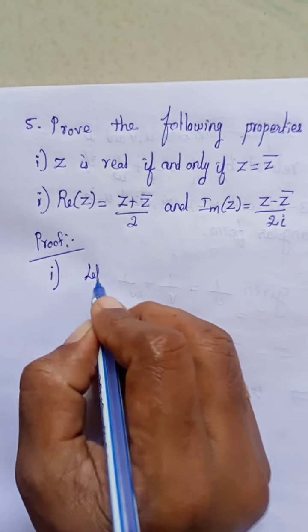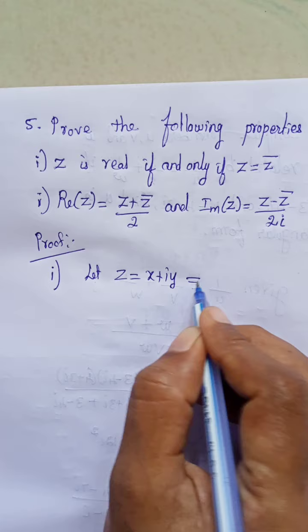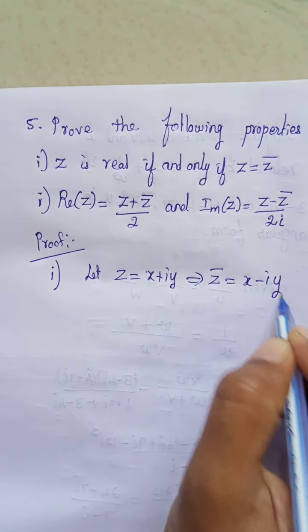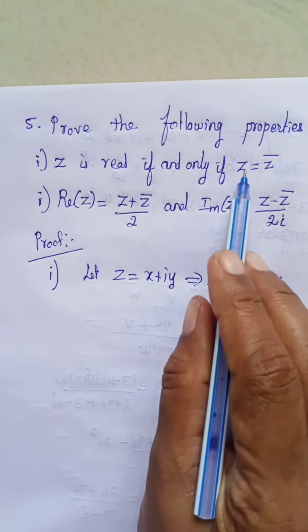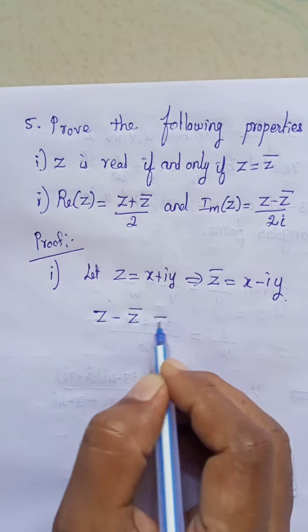See the first one. We can take, let Z is equal to x plus iy, which implies Z bar is x minus iy. Any one condition we have to take. We can take Z is equal to Z bar.